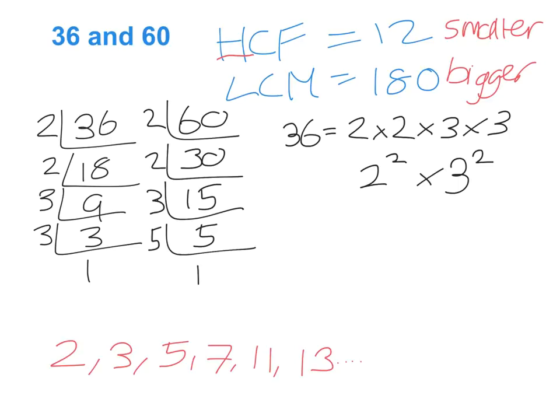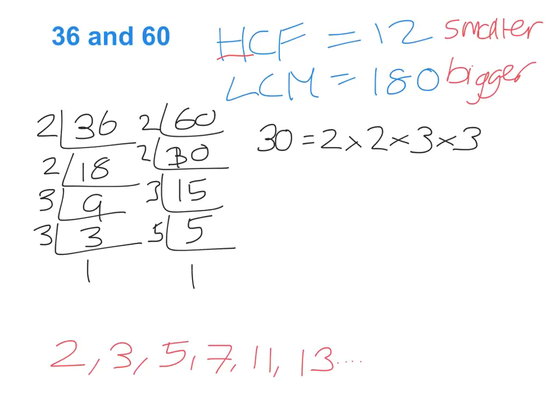With product of primes, remember as well, we do have the word product. Product means multiply. Therefore, it is always a multiplication sign in between the terms. It is never a plus sign. Now in this case, we're not going to actually use the index form, so let's get rid of that.